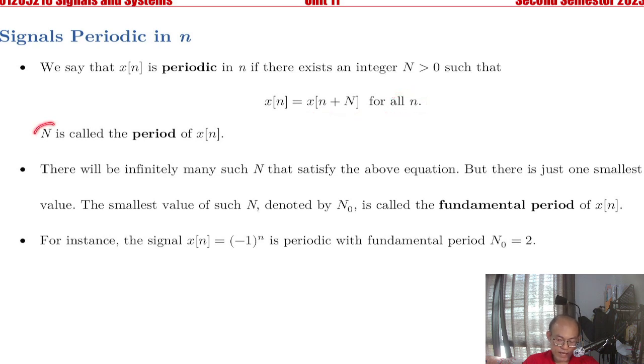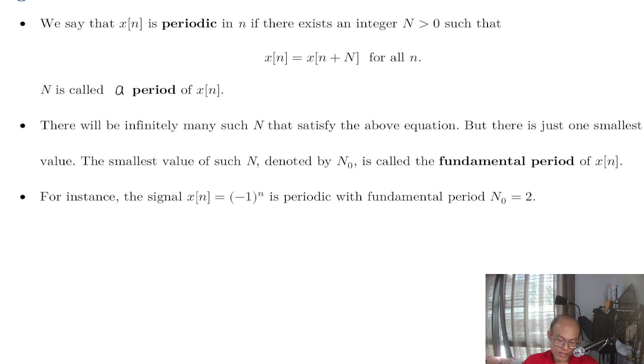The capital N is called a period. Well, I should say a period, not the period. Because there could be several values of N here, and the smallest of such N would be called the fundamental period of x of n.